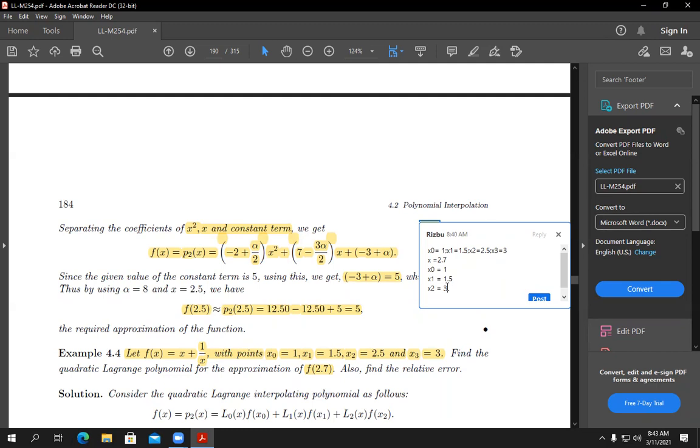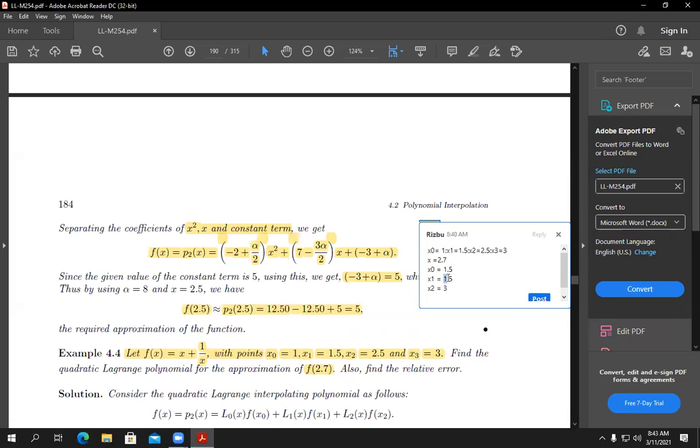As I told you, the size of the interval should be small. The smaller the distance, the better the approximation. In the exam, the teacher always says find the best approximation. It means you have to choose the best points. It means your x0 should be what, please? 1.5.